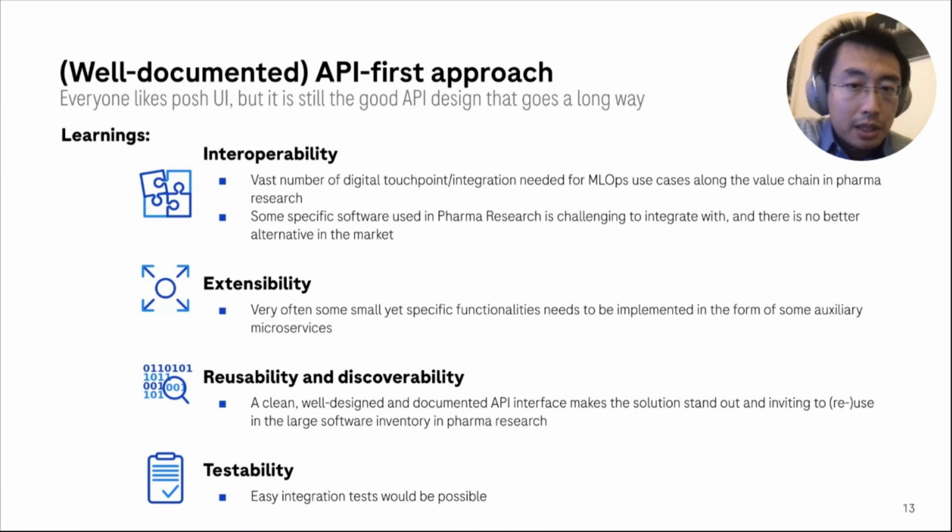Per our assessment of the system landscape in pharma research, I can guarantee that a clean, well-designed, and documented API interface is going to make your solution stand out in the large software inventory and inviting to reuse. Fourth, testability. I think this one goes almost without saying. Having a good API is going to make testing, especially integration testing, a lot easier.